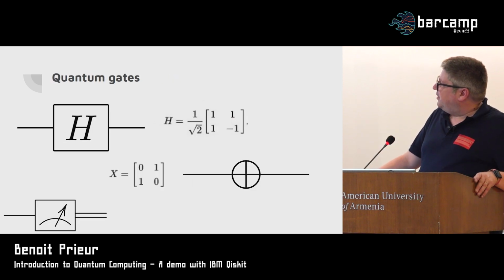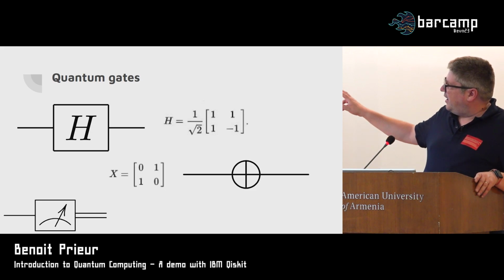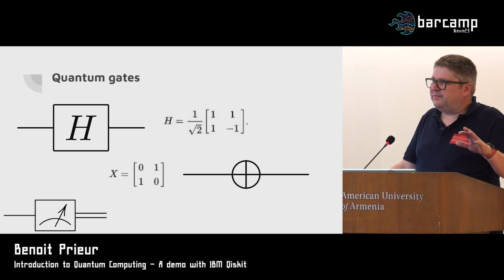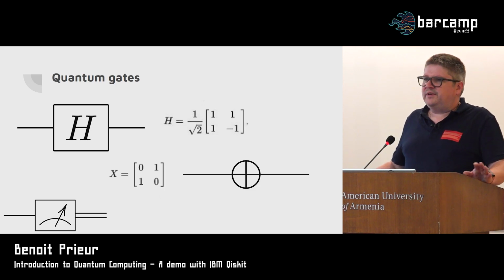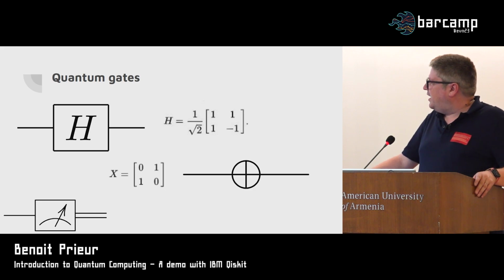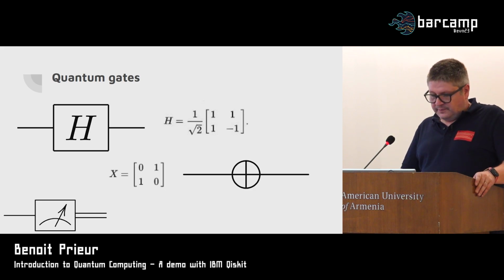And for example, these 2 famous quantum gates, the Hadamard gate and the CNOT gate here, are among something like 60 or 70 types of quantum gates. And this gate is special, it is the measure.